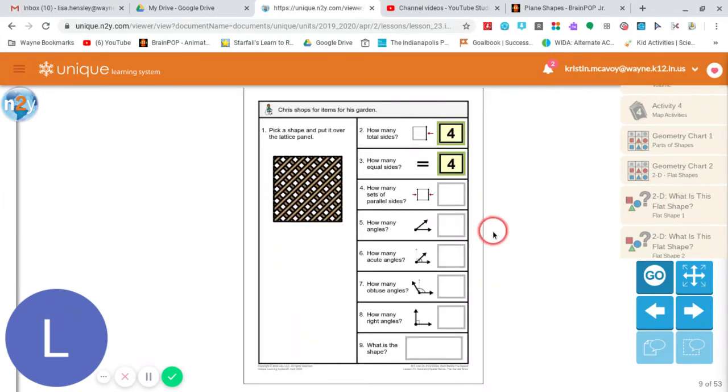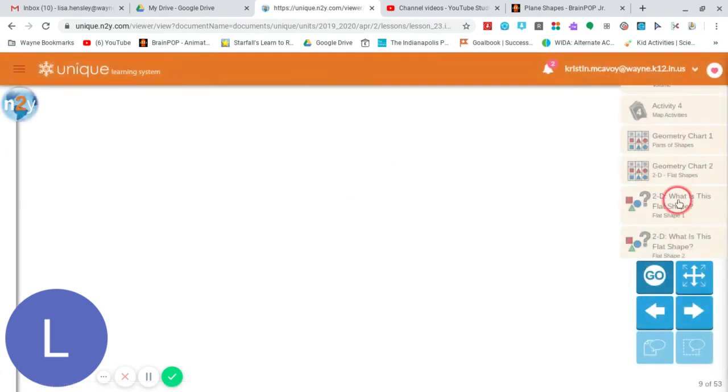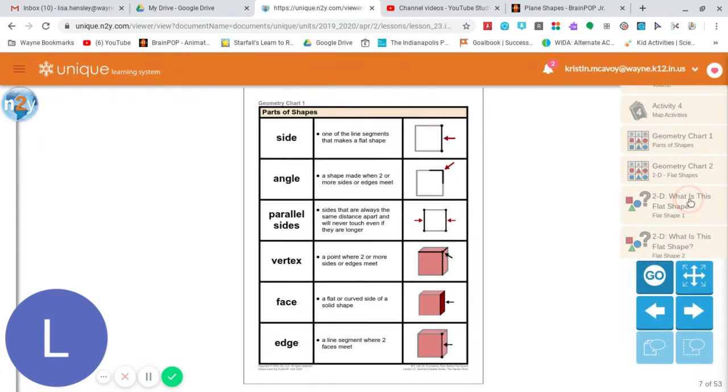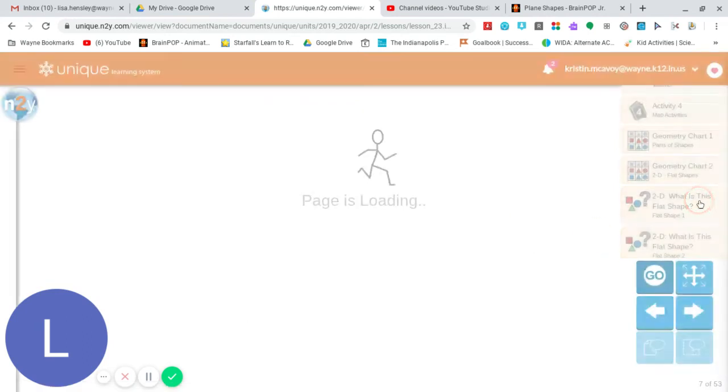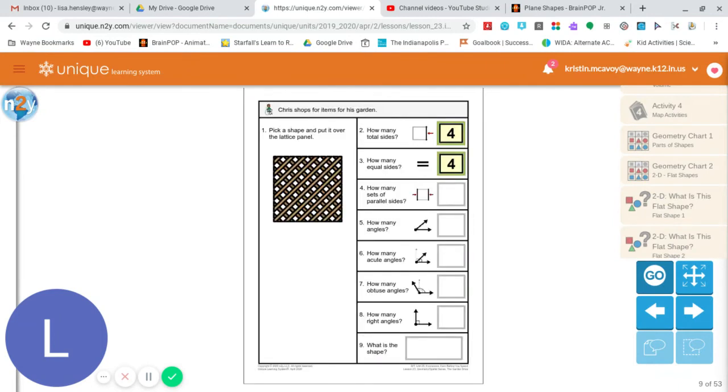How many angles are there? An angle is a shape made when 2 or more sides or edges meet. So this is the angle. The next question is, how many acute angles? So we have different kinds of angles: an acute angle, an obtuse angle, and a right angle.